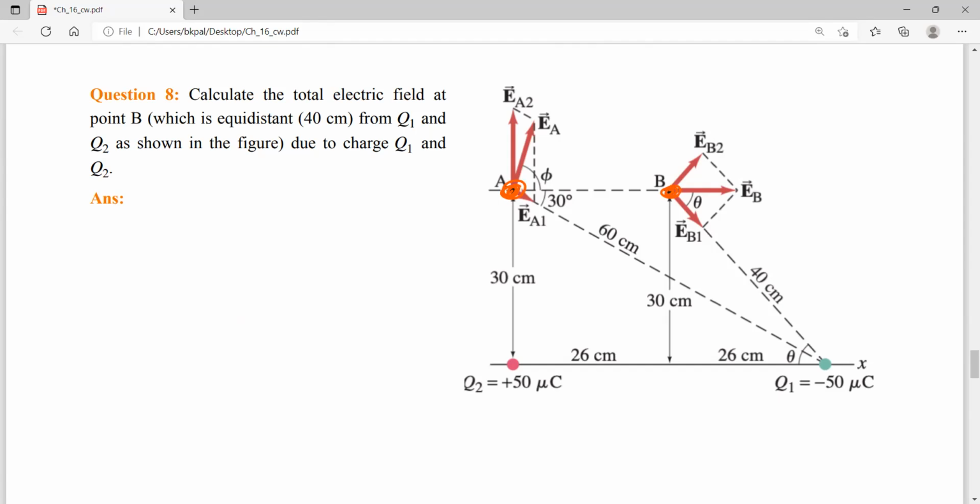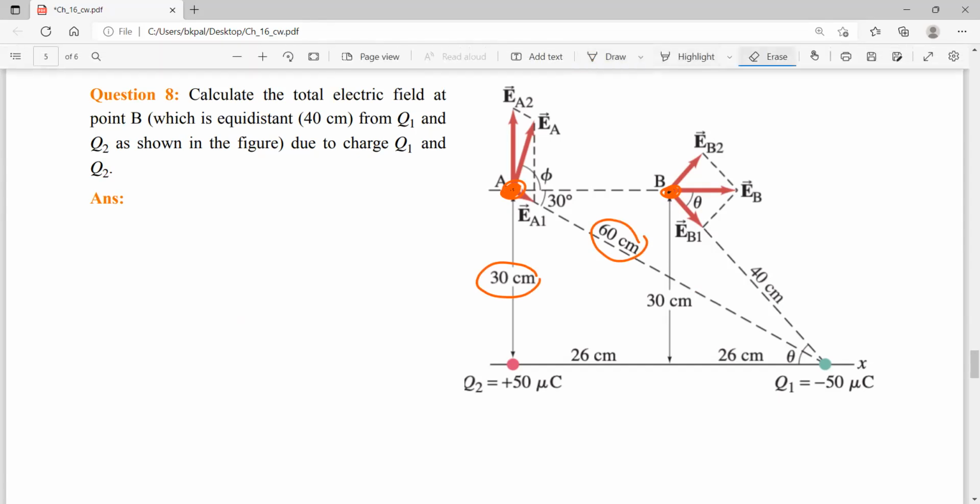At point A, the separations from Q1 and Q2 were different, one was 30 centimeter, another was 60 centimeter. But in this case, they will have the same separation. You see that this is 40 centimeter, and this is also 40 centimeter.